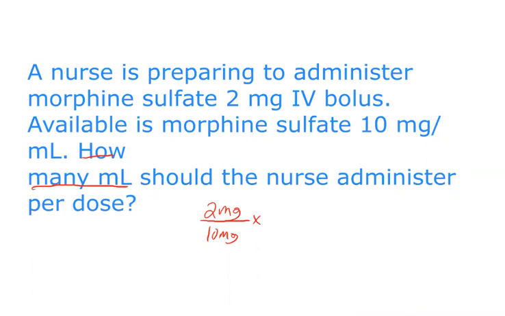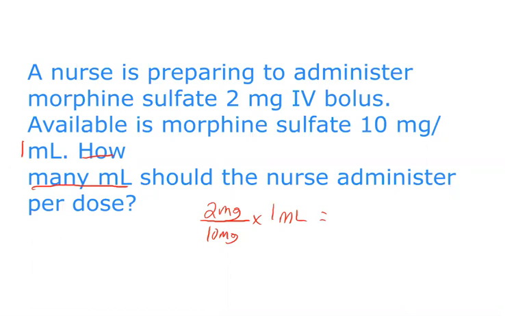Now, if it doesn't indicate how many milliliters, you assume 1, okay? That's actually what that means. You're actually not assuming. That's how many milliliters are there. If this said 2, then you would put 2 where I'm about to put milliliters. But whatever that milliliter amount is, or if you want, you could just leave it blank because it means the same thing, okay? But sometimes it's helpful to make sure you have a number here, okay?